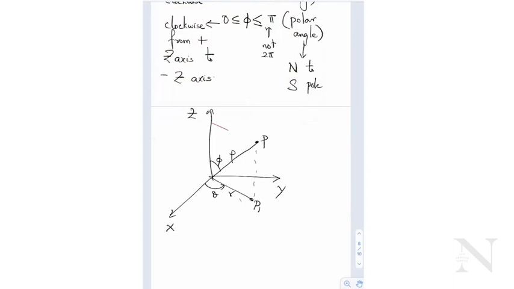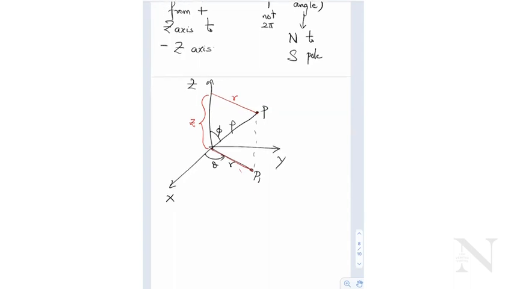This red line here is the same as this. So this is r, and this height is z. Now that we have a new coordinate system, we have to write everything in terms of those letters. We cannot use any of the old letters anymore, right? Now let's look at this triangle here.